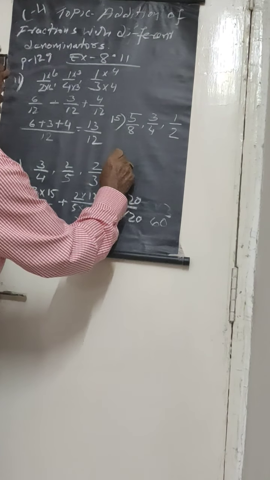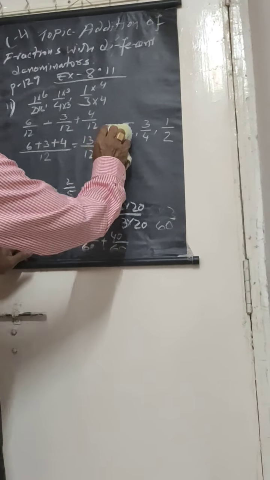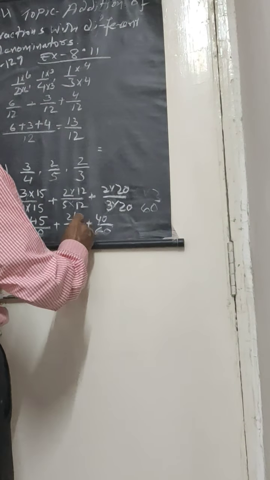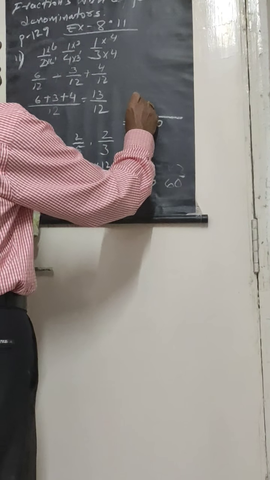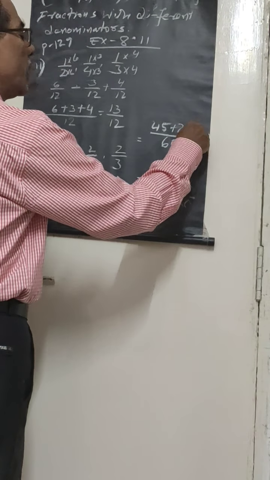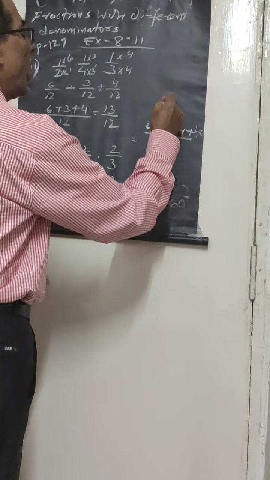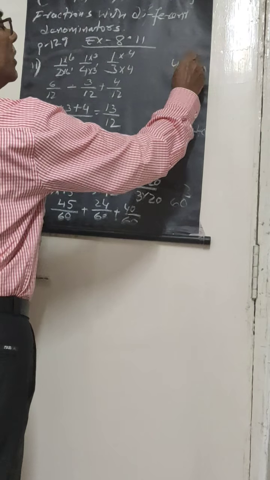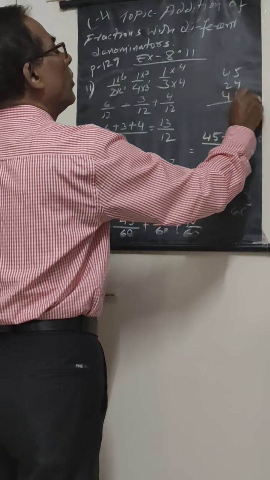Now all denominators are 60, like a fraction, then add them: 45 plus 24 plus 40.